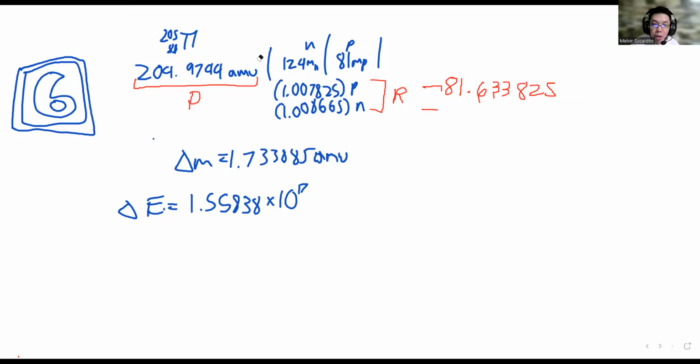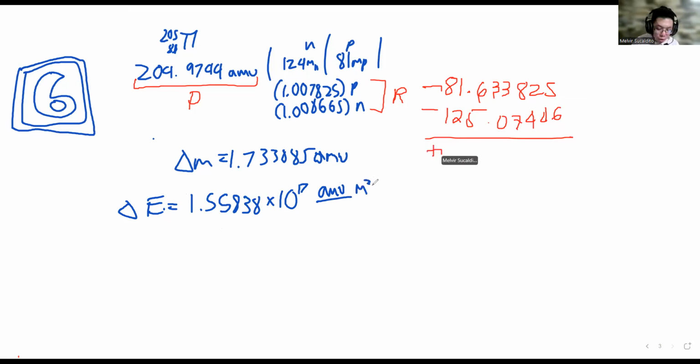It should be 125.07446. Then pag tinotal ko, plus 81.633825, this should be 206.708285. Ayan, medyo malaki yung difference, no?